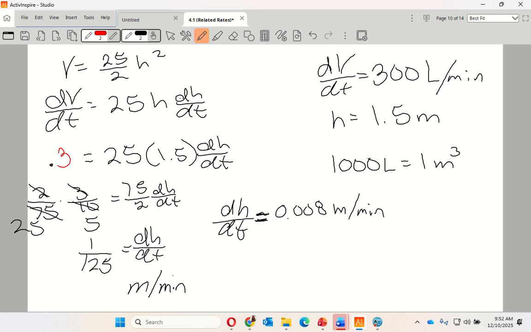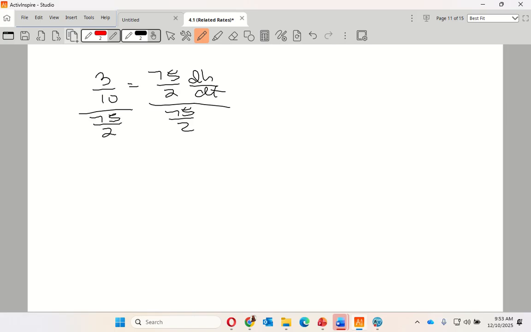Are you okay with my 3 over 10 and my 75 over 2? When you divide fractions, you multiply by the reciprocal, don't you? So the reciprocal of the bottom gives 3 over 10 times 2 over 75.